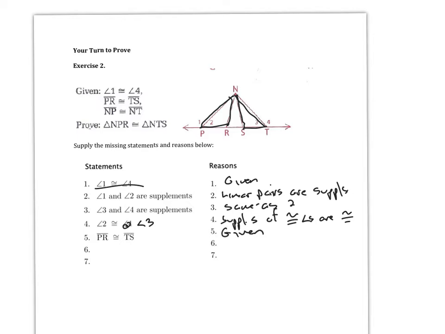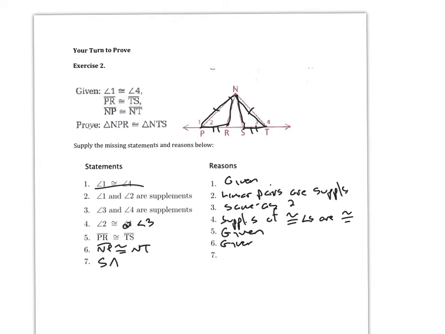Okay, so now what can we say? And we also have that NP is congruent to NT, and that is a given as well. And so we have these two congruent, and we have that PR and ST are congruent. So here we have side, angle, side.